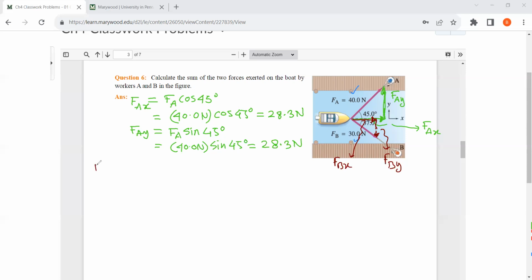So FBx equal to FB cosine 37 degree. So FB is 30 Newton and then cosine 37 degree, and that will be equal to 24 Newton.